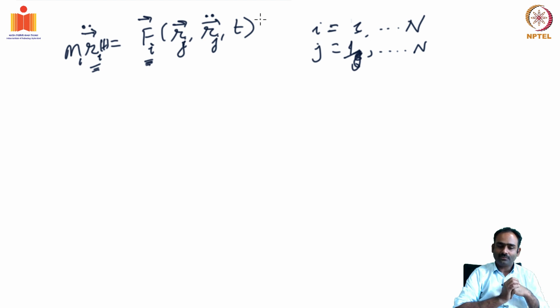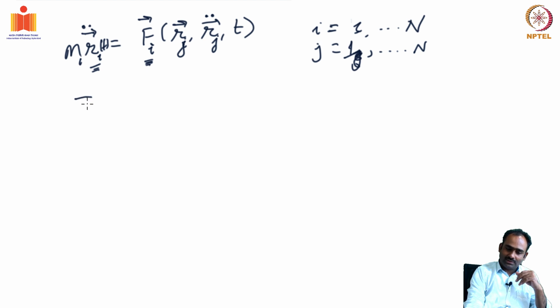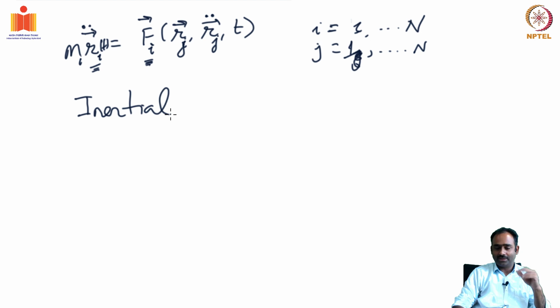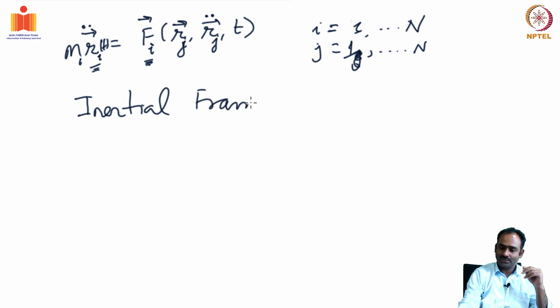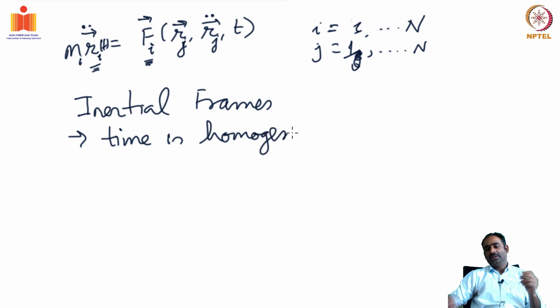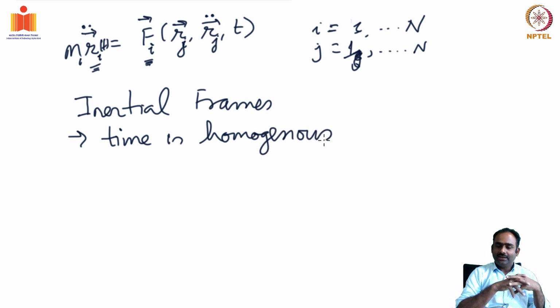That's one thing. So there are special frames called inertial frames in which time flows in a homogeneous manner. Time is homogeneous, okay? That's nice.